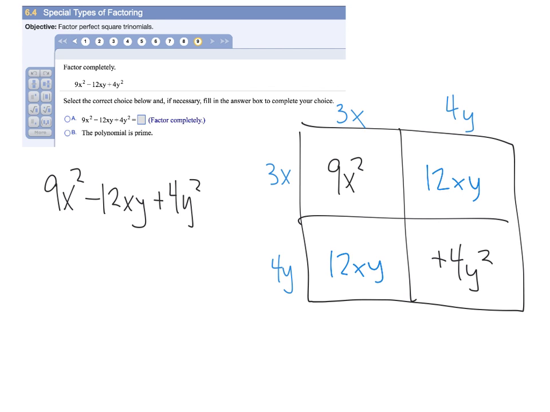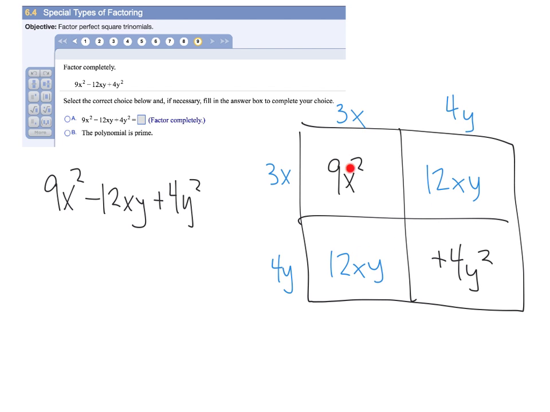12xy. Now heads up, because if you look at it, how are you going to get these two numbers to equal 12xy? You're not. That's because this trinomial right here is probably going to be prime because it doesn't work.